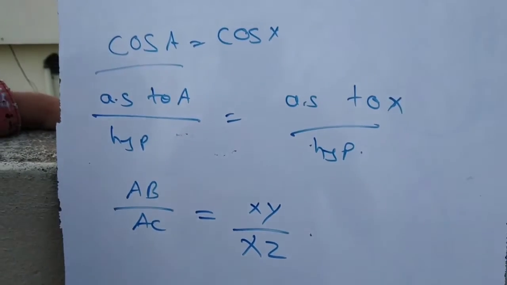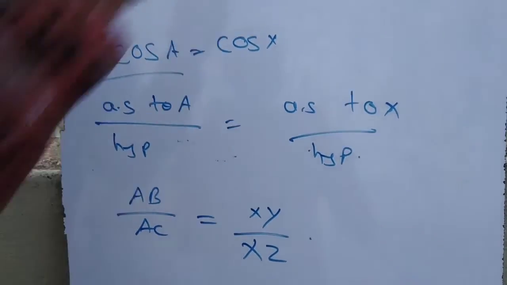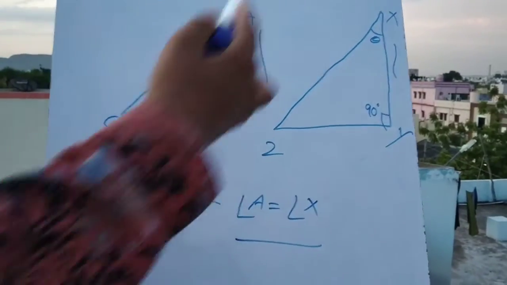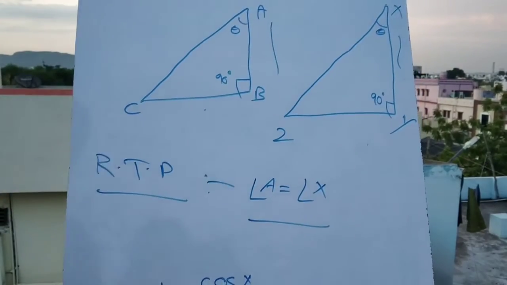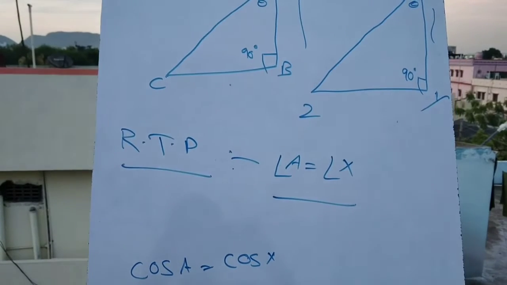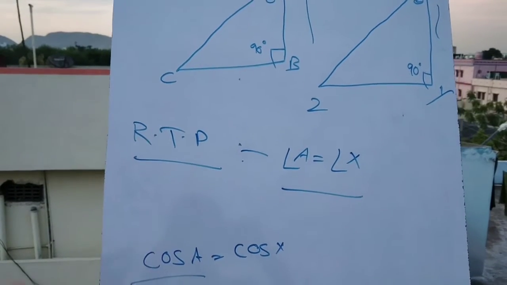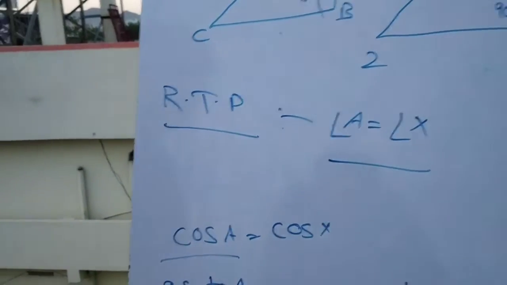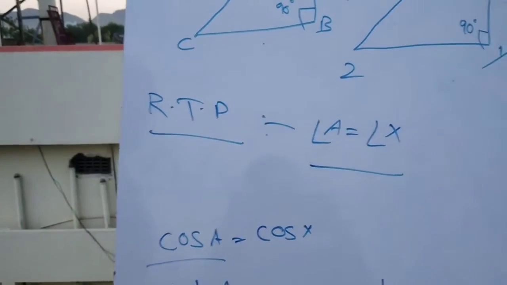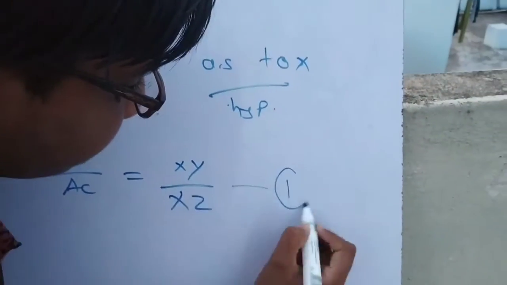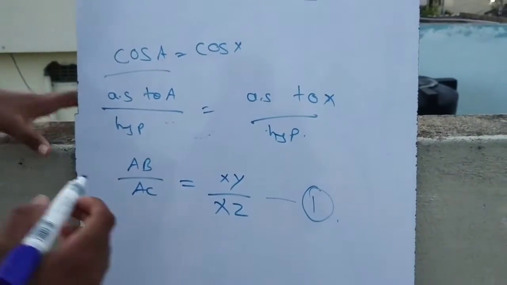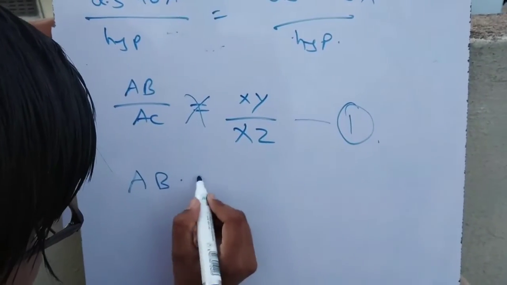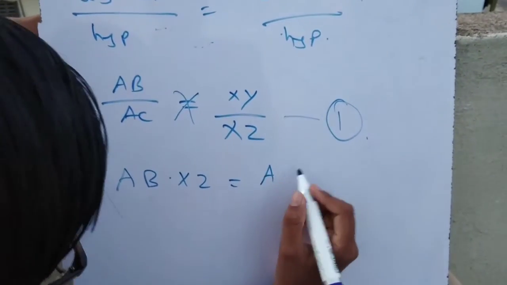AB means this side, as it is the adjacent side to theta, and XY means this side. So AB by XY is equal to AC by XZ, and we can use this in similar triangles also. Here we need to introduce some similar triangle concepts too, because this sum is somewhat difficult. Let it be 1. From this we can cross multiply: AB into XZ is equal to AC into XY.